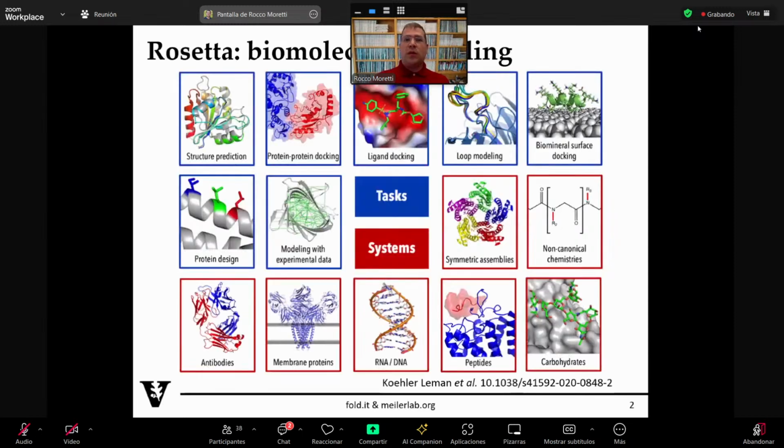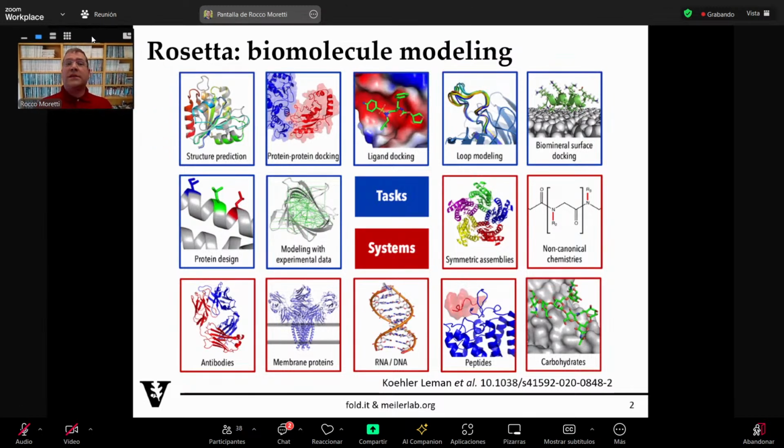So the Foldit platform and the Drugit platform are built off of a core of Rosetta. Rosetta was initially designed as a biomolecular modeling platform, specifically for protein folding.